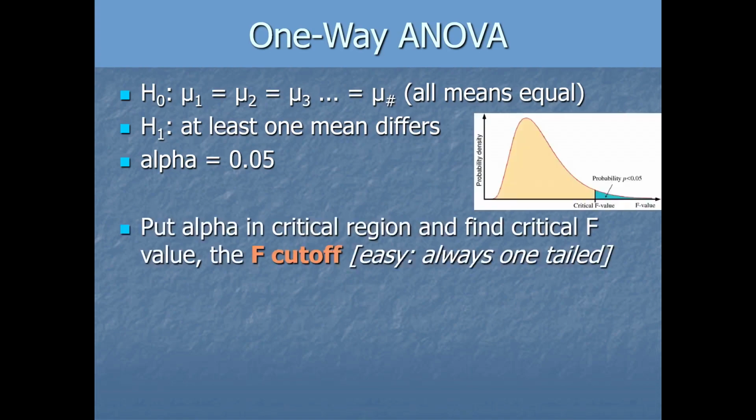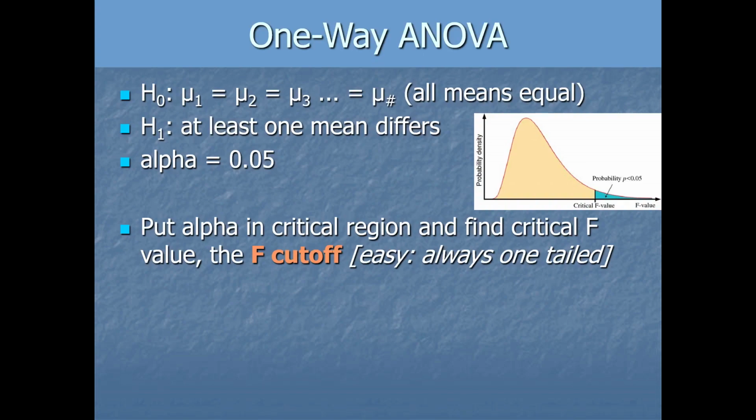Then on a probability distribution, you cut that 5% alpha value into the farmost tail. It's actually easy with an ANOVA because this is always one-tailed. So you're always putting all 5% of that alpha value out in the tail, with the other 95% of the graph being in tan here.